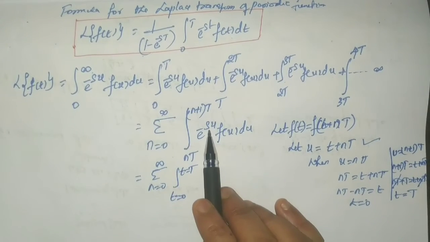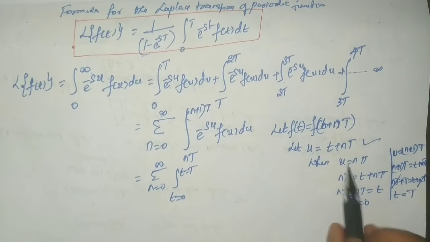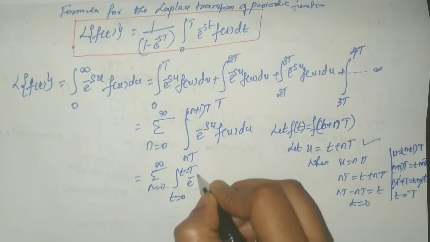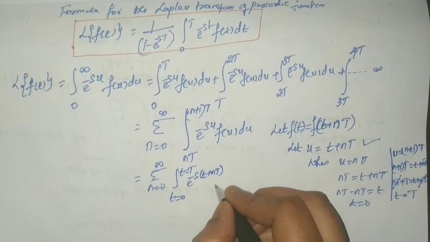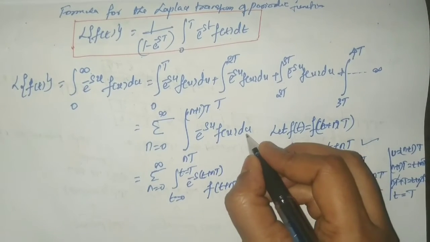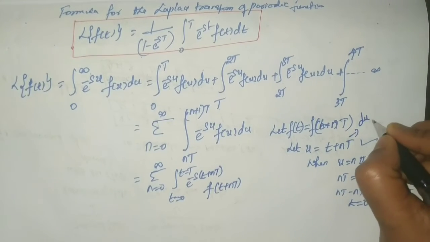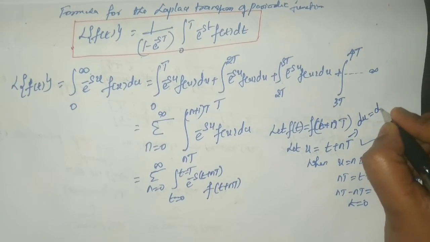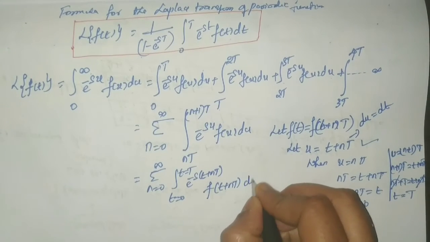So wherever you see u, replace it by t plus nT: e power minus s into (t plus nT), f of (t plus nT). du is nothing but the derivative. You differentiate this term with respect to t, du is equal to dt, because n is constant and T is also constant.